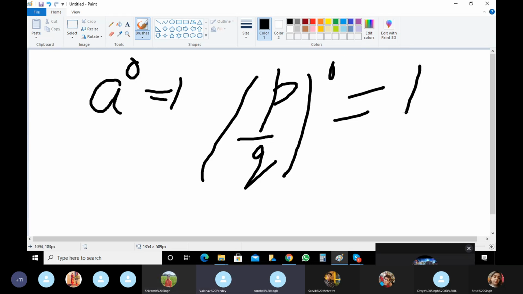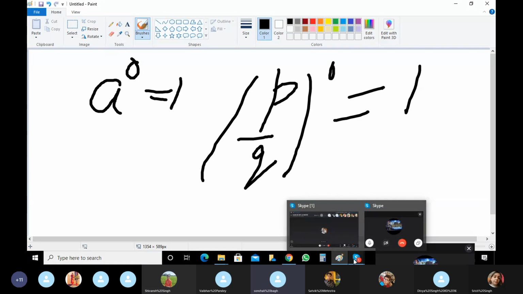So any number having a power 0, the answer will always be 1. Be it negative, be it positive, be it a rational number. Understood?